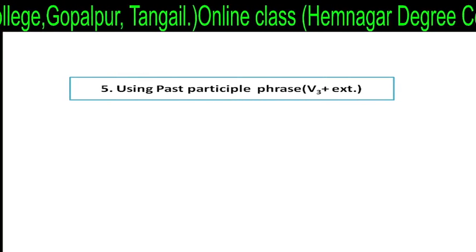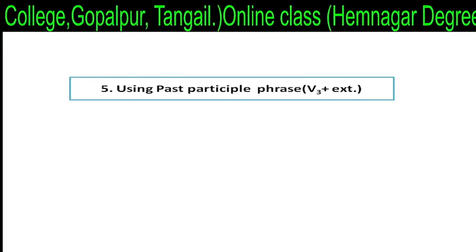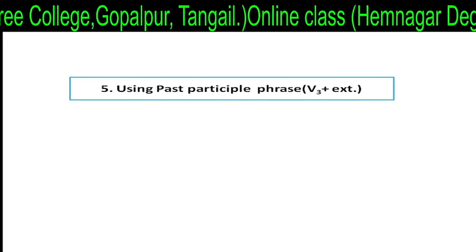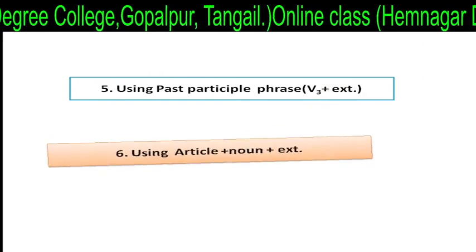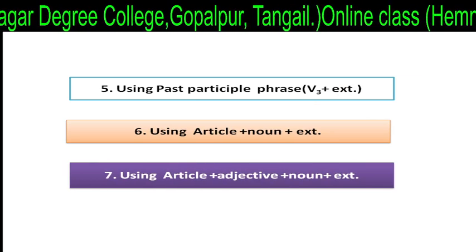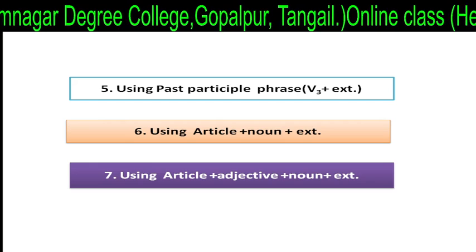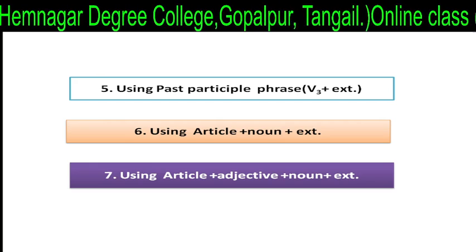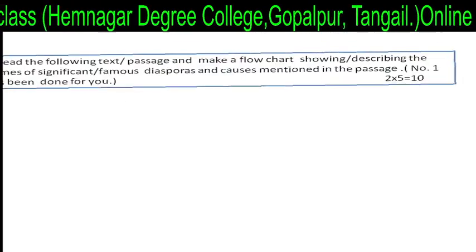Number 5, using past participle phrase, v3 plus extension. Number 6, using article plus noun plus extension. Number 7, using article plus adjective plus noun plus extension, or so on structures.